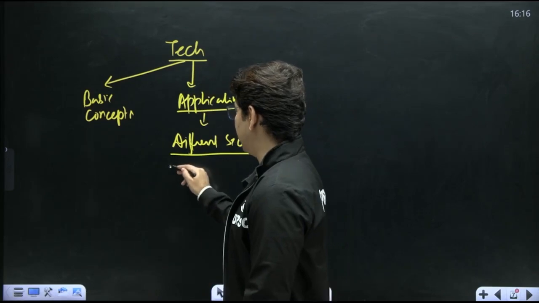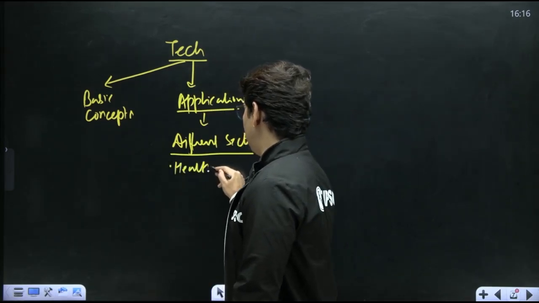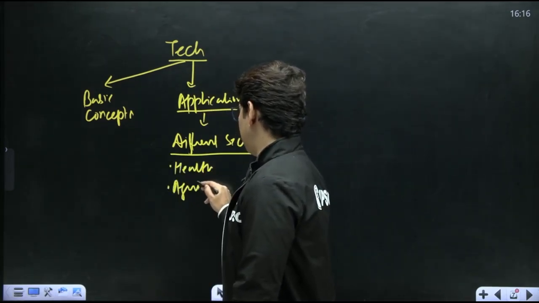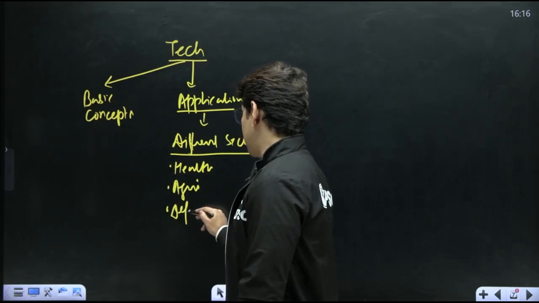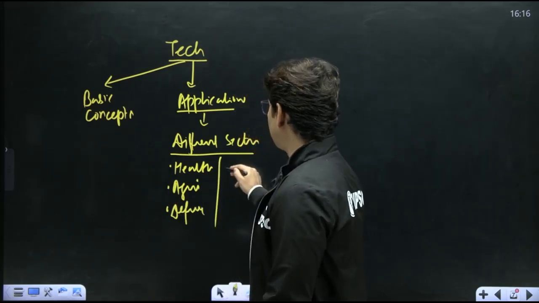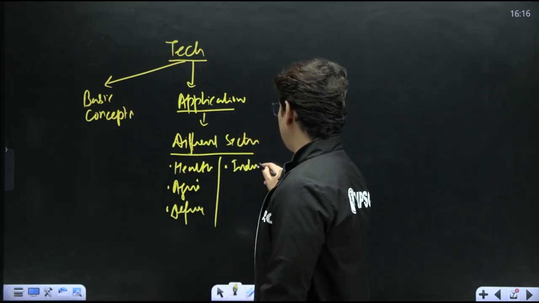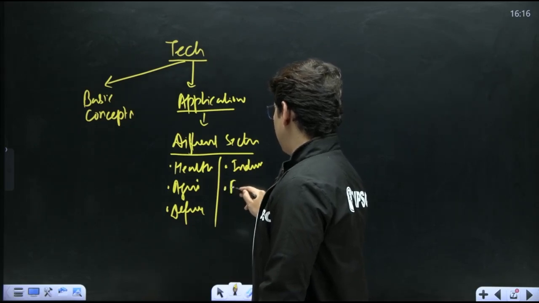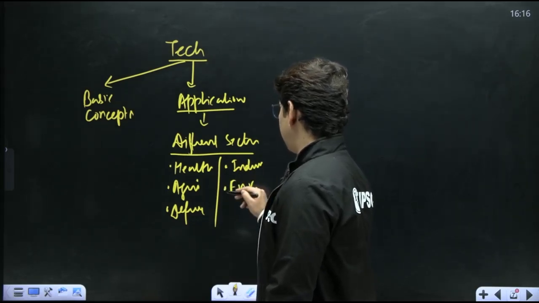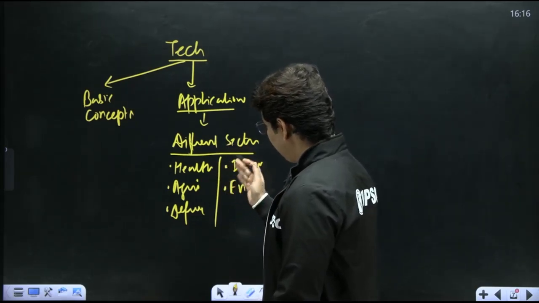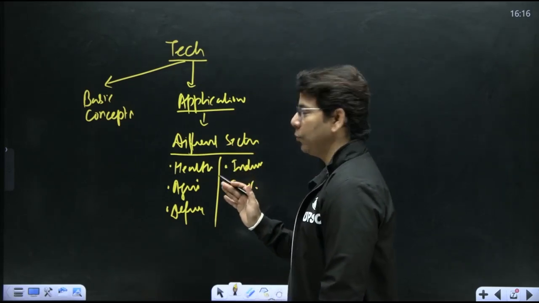Different sectors means, let's say, health application, agriculture application, defense application, industrial application, right? Application in environmental protection, right? So all the different areas of applications that we have to find out.